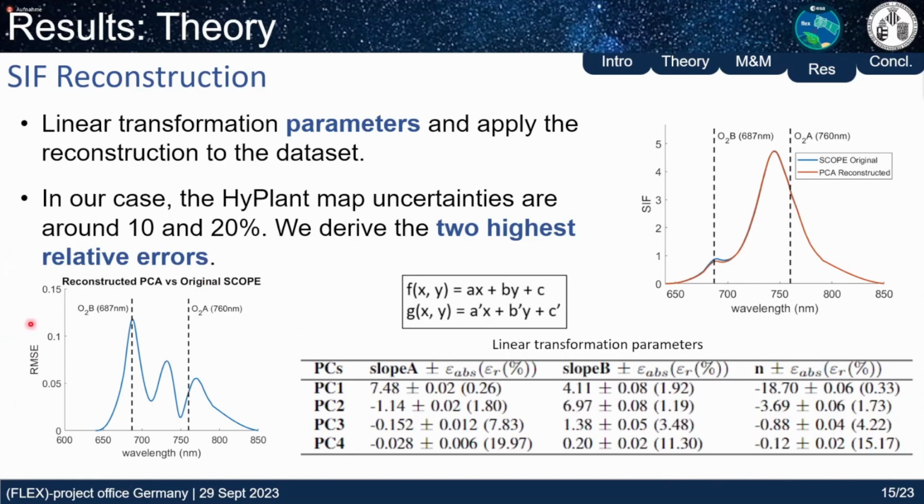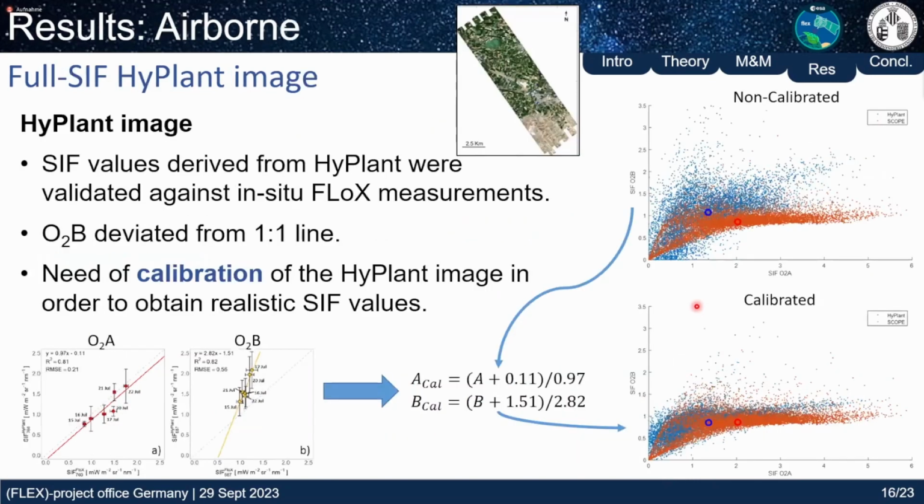We found that the root mean square error only reaches up to 0.1 to 0.15, which is a very low value in comparison with the SIF spectrum. So we can conclude that we can reconstruct the original SIF spectrum with these linear techniques.